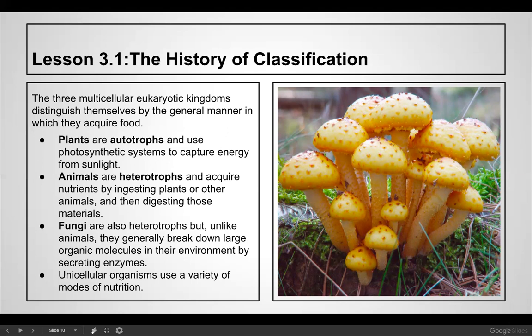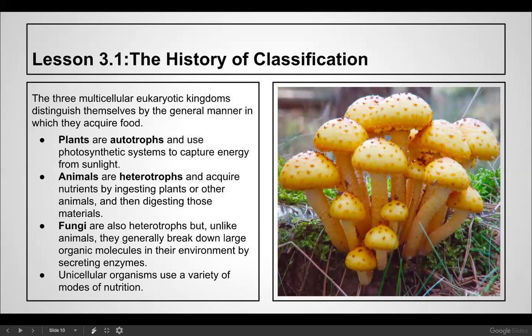Three multicellular eukaryotic kingdoms distinguish themselves by the general manner in which they acquire food. So plants are autotrophs, meaning they make their own nutrients, self-nutrient makers, and use photosynthetic systems to capture the energy from the sun to build organic molecules like glucose.